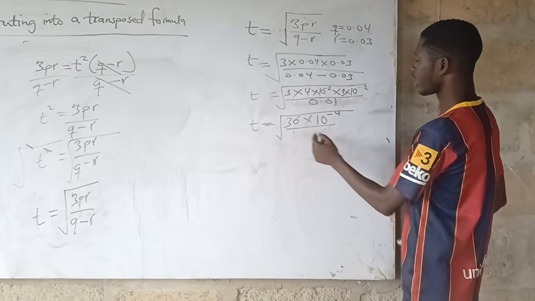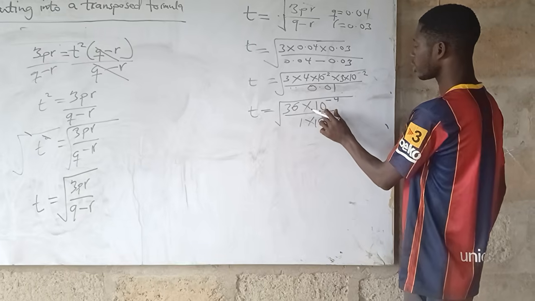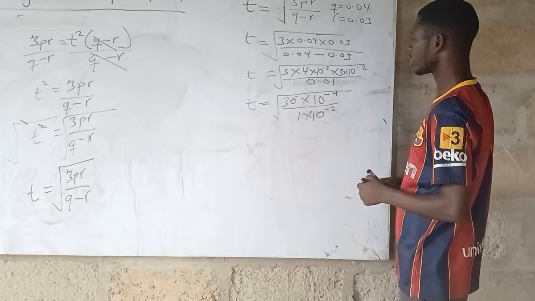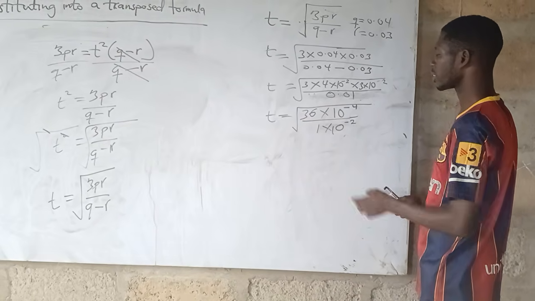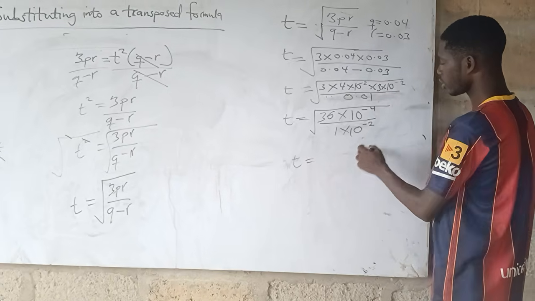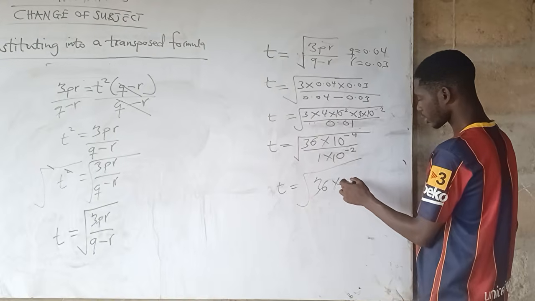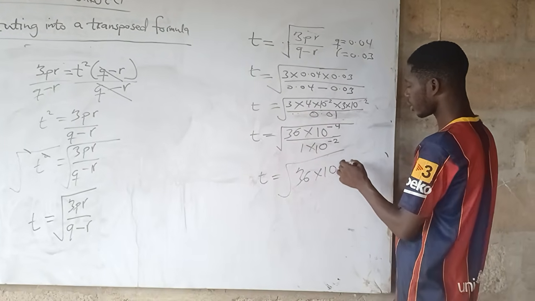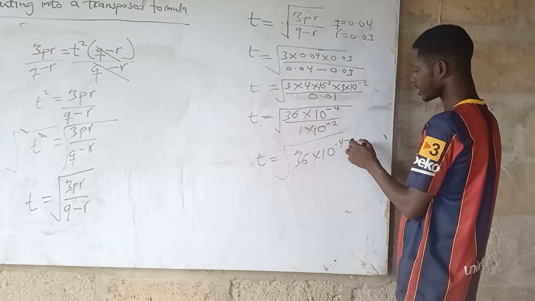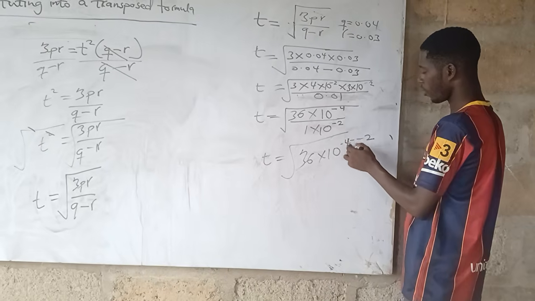If you write it, 1 times 10 to the power negative 2. So t is equal to root of 36 times 10 to the power negative 4, and because of the division, you bring the minus 2.